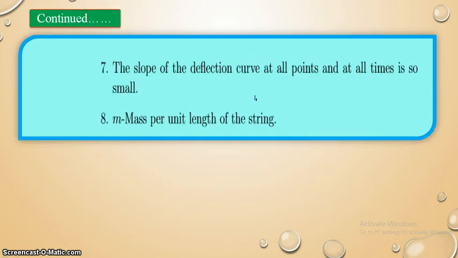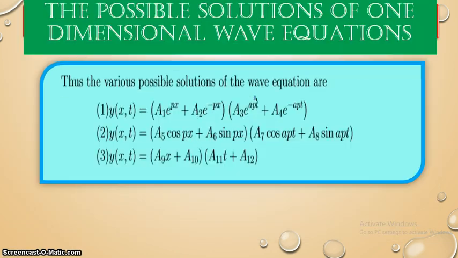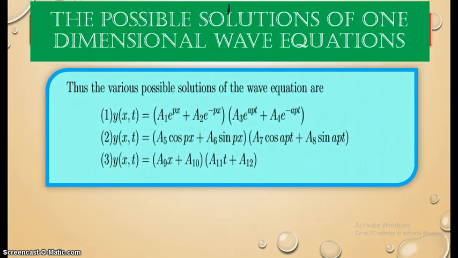So next we shall go through the possible solutions of the one-dimensional wave equation. The various possible solutions of the wave equation are: first, y(x, t) = (a1 e^(px) + a2 e^(-px))(a3 e^(pat) + a4 e^(-pat)).